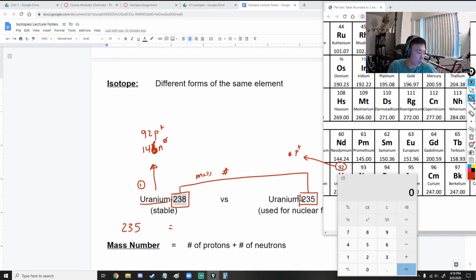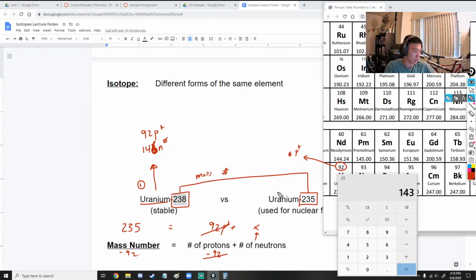Since it's still uranium, it still has 92 protons, plus x for the number of neutrons. So in order to find x, all we need to do is minus 92 on both sides. These can cancel out. And then for my final answer, you get 235 minus 92, and your answer is 143.